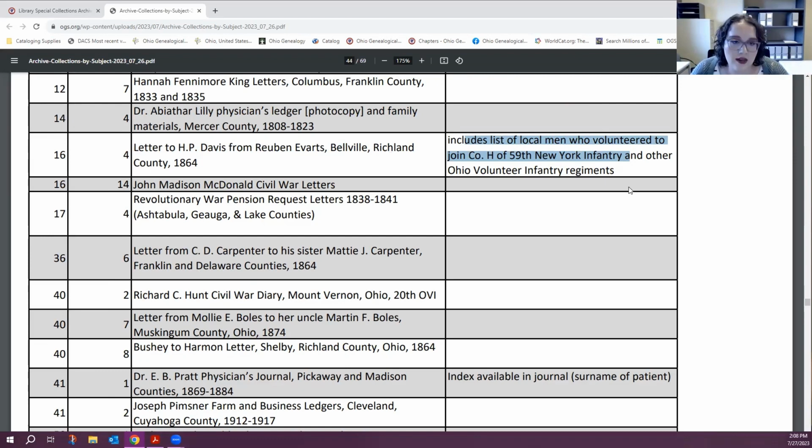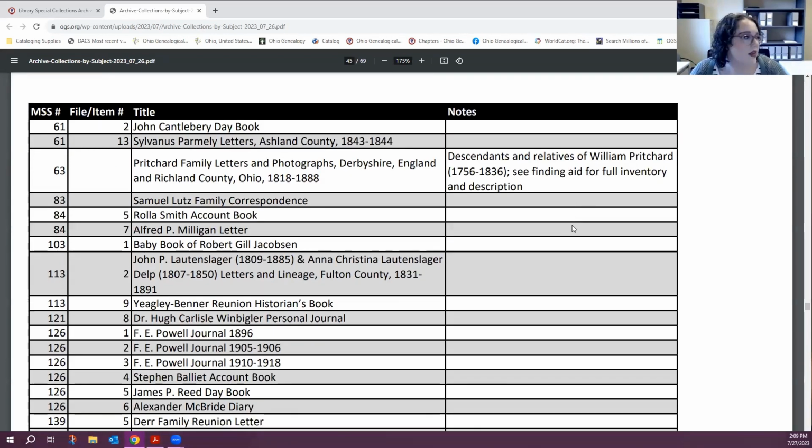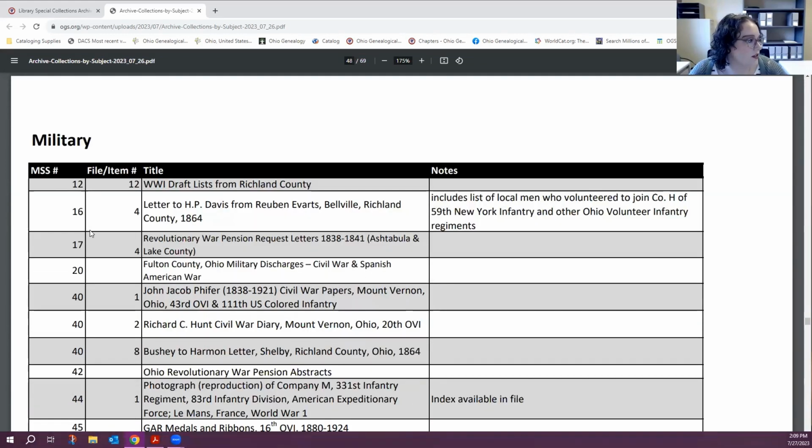So not only is it a letter, it is also related to the Civil War. If we scroll down to the military section, which is just the next section, there it is again, letter to H.P. Davis. So don't get too caught up in picking the right subject. If it has fallen into two categories, I have placed it twice.